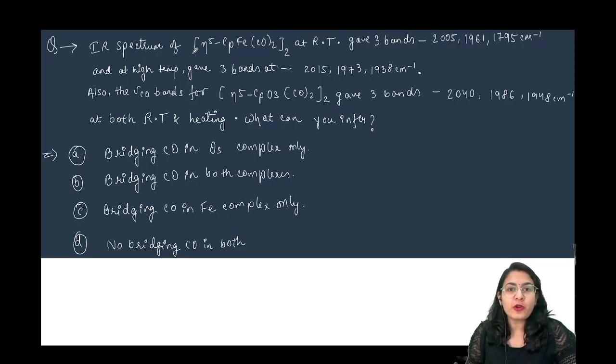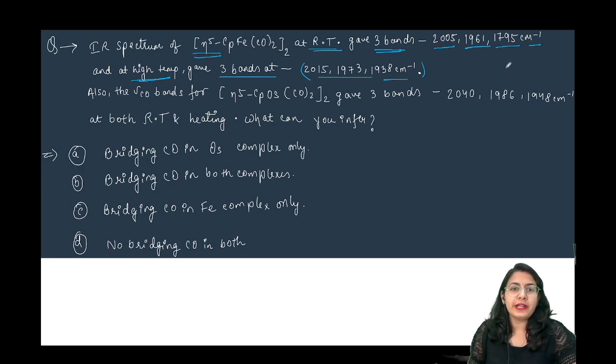The IR spectrum of this particular complex, eta 5 CpFe(CO) whole twice, at room temperature gave 3 bands: 2005, 1961, 1795 centimeter inverse, and at high temperature gave 3 bands at values which are actually lesser than these.